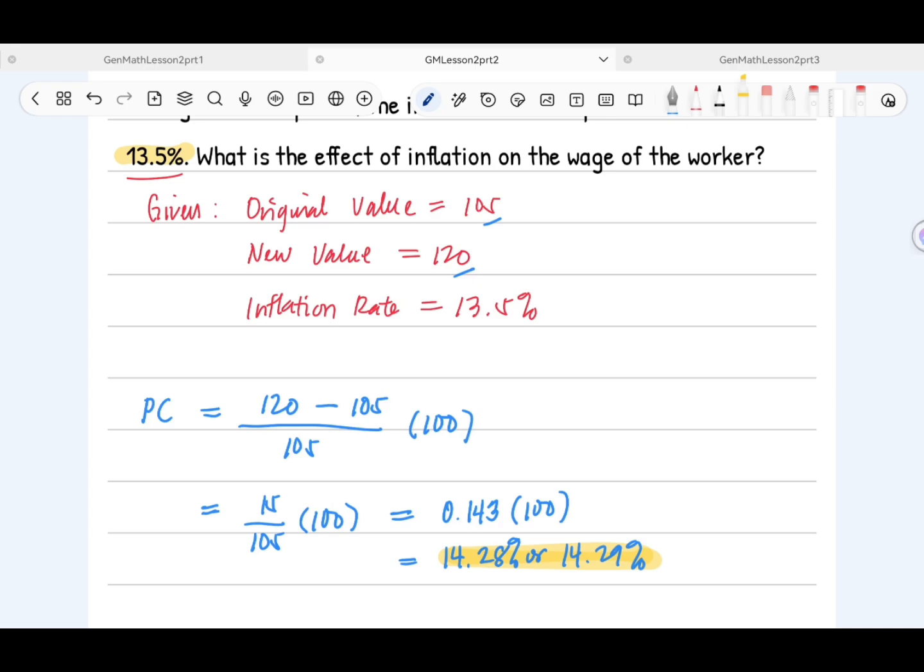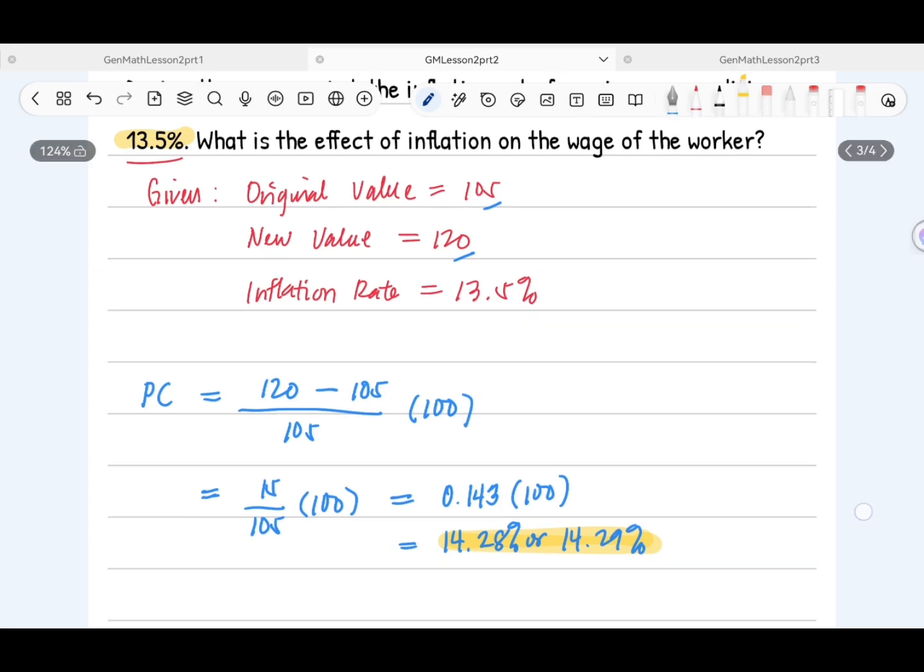Okay. So, tumaas ang presyo ng mga bilihin ng 13.5% pero tumaas din ang sahod ng 14.29%. Okay? Kaya sakto lang. Hindi siya parang yumaman pero hindi rin siya nalugi. Okay?